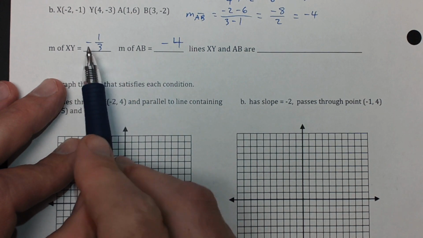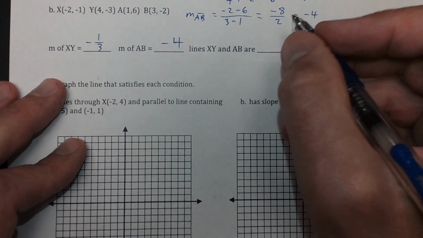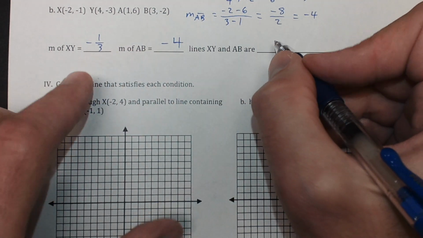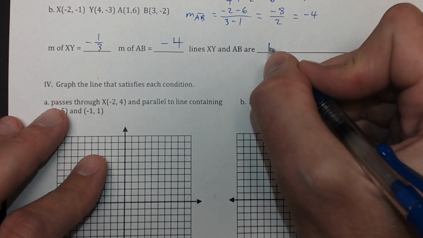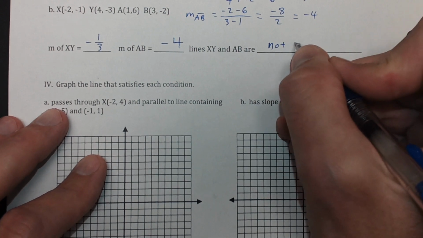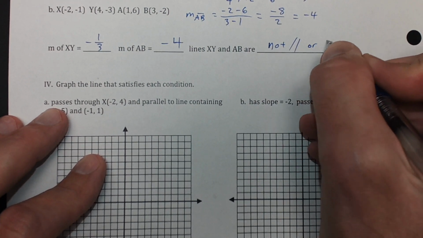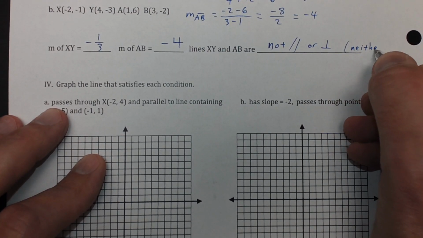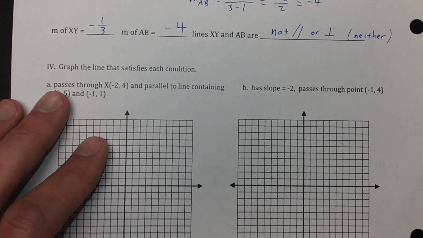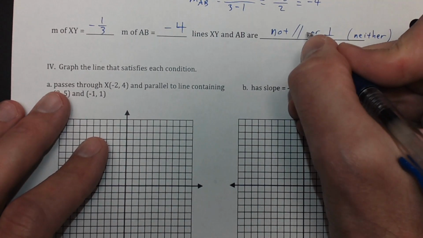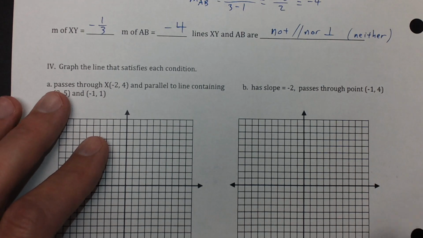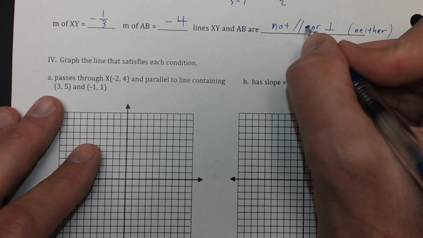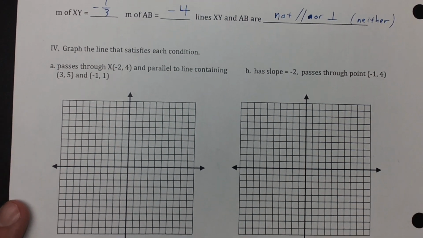No, they're not opposite, and they're also not reciprocals, so they're neither. So this is neither parallel nor perpendicular. So you can say not parallel or perpendicular, or you can just say neither. This really probably should be a nor. Not parallel nor, well, no, actually. Not parallel or perpendicular is the right way, sorry.